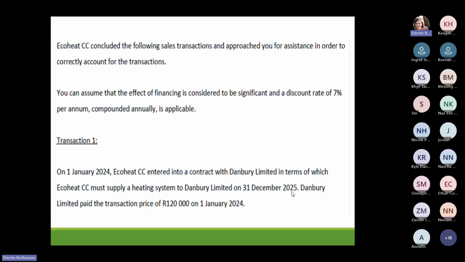Now, just also be careful. If we now recognize revenue, it's not only 120,000 that we recognize. It's the 120,000 plus the interest from 2024 plus the interest from 2025. We have to add those interests together because we are increasing the contract liability the whole time.